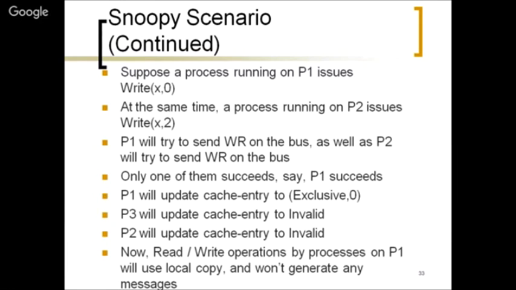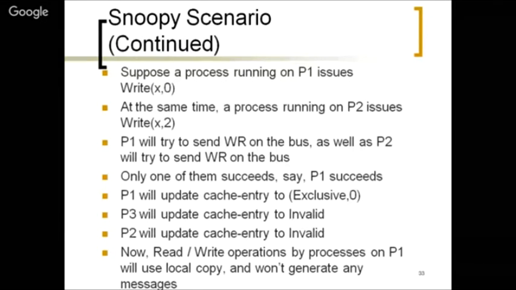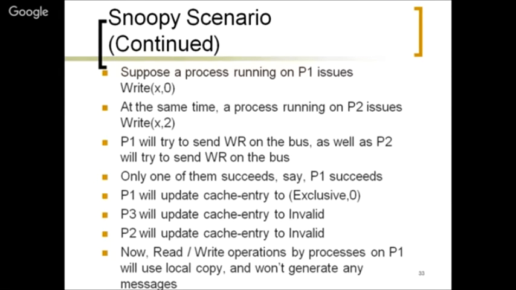To decide which succeeds, we have to prioritize accordingly. Let's say P1 succeeds. So P1 will update its cache entry to exclusive and write 0, because if you want to write something, you must be in the exclusive state.